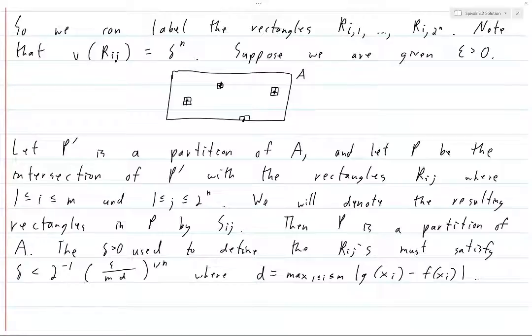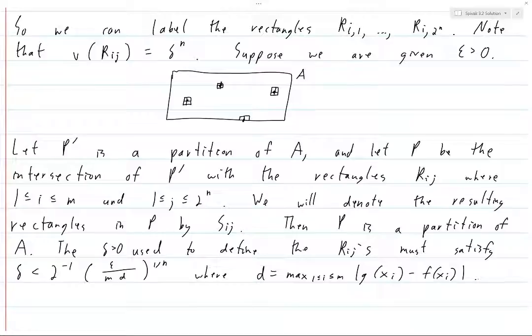And then you throw both of those new rectangles into the partition. Okay, so certainly P then is a subpartition of P prime, and furthermore, P contains rectangles Sij, which are all subrectangles of the Rij's.